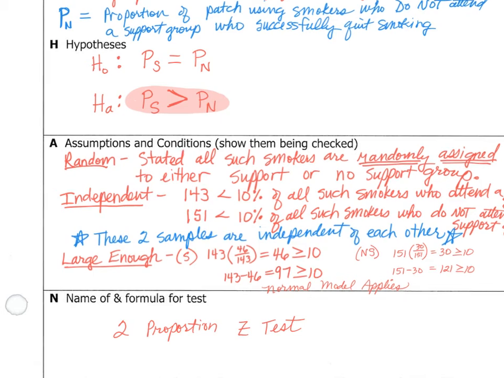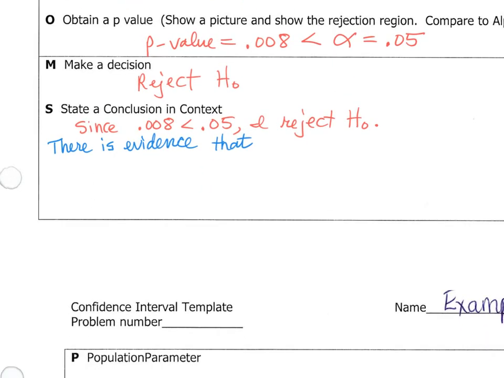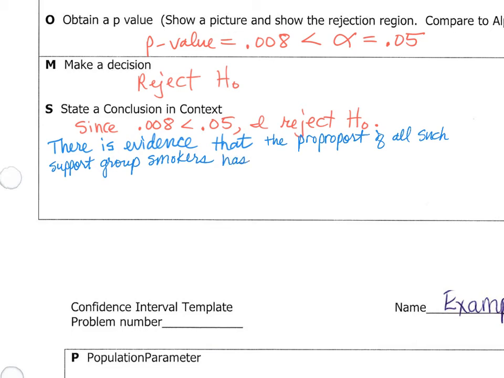So let's do that. Here we go. There is evidence that the proportion of all such, how about support group smokers? That's about as quick as I can say it. There is evidence that all such support group smokers have, present tense, a, should that be have?